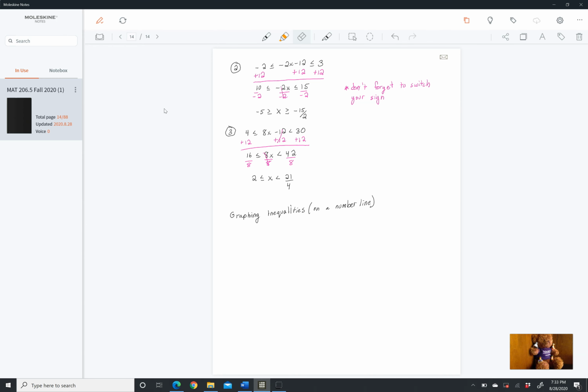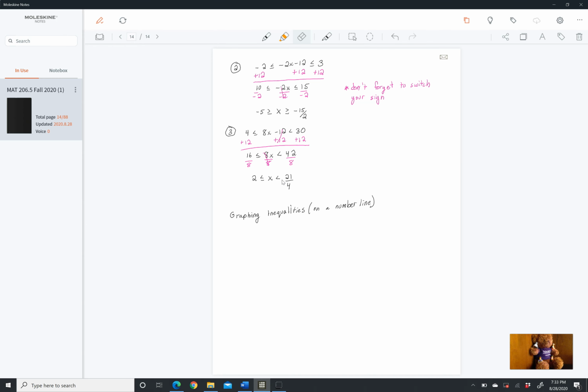Okay, so the first thing to note is that sometimes we have things that are included, right? So like here, the 2 is included in our answer because there's a less than or equal to. The 21 over 4 is not because there's just a less than sign. Okay, so when we graph an inequality, what we're doing is we're saying, what is the range of our answers? And if something is included, we use one of two things.